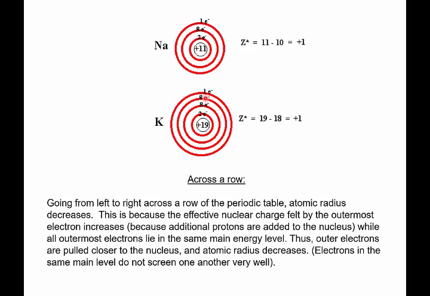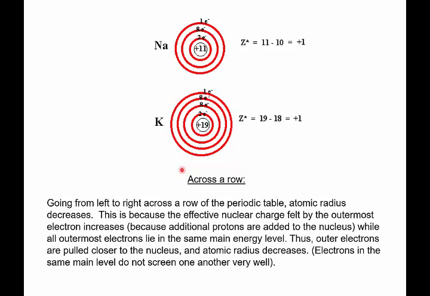Layer 4 is larger and lies further out from the nucleus. The effective nuclear charge calculation for sodium and potassium is basically the same, +1, so that's not a factor in determining size. But the fact that potassium's outermost electron lies in the higher main level, in a larger outer layer, makes it a larger atom, one with a larger atomic radius.